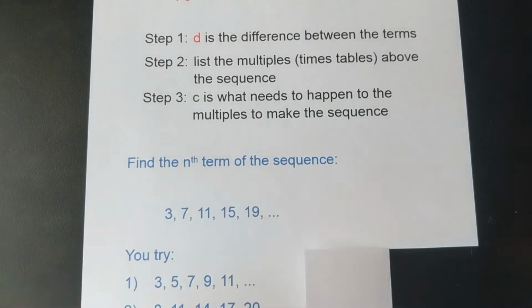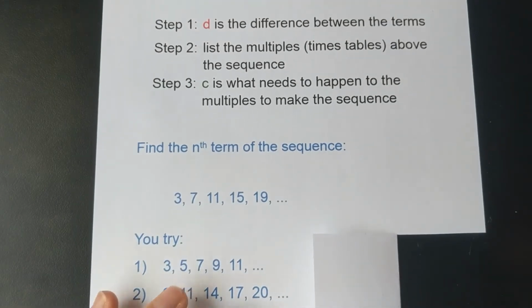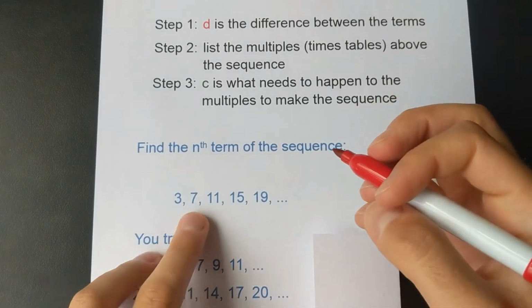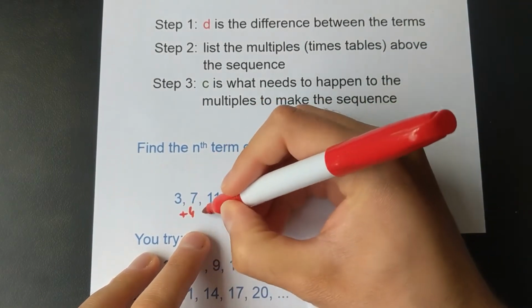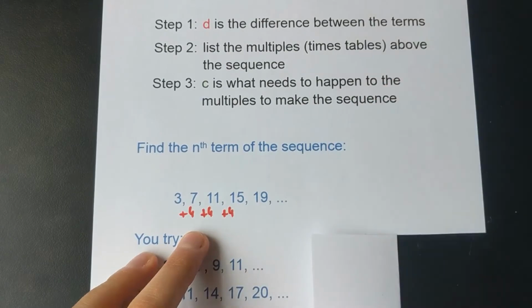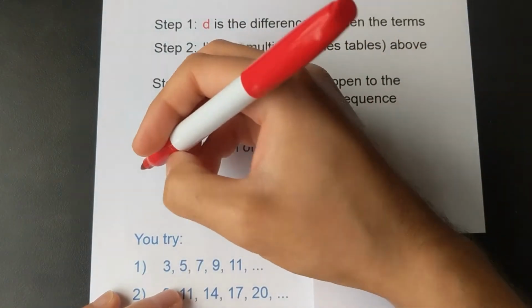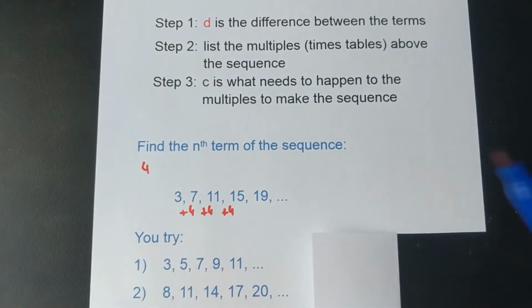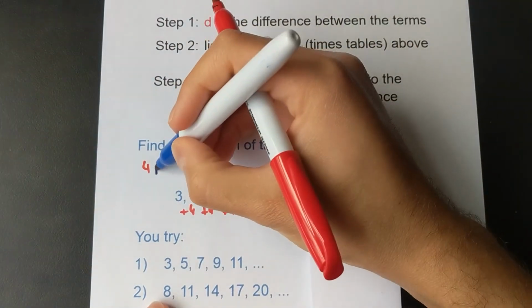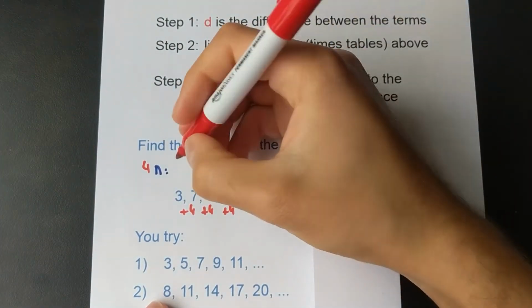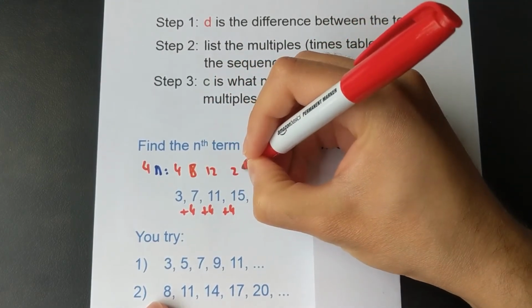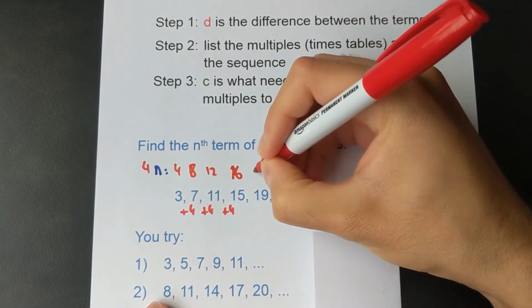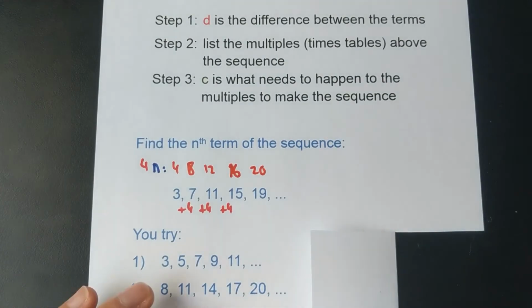So here, let's try that again. Here, I've got 3, 7, 11, 15, 19, and so on. This is adding 4 each time. So I know that it's going to be roughly 4n. So it's going to be something to do with 4, 8, 12, 16, 20, and so on.